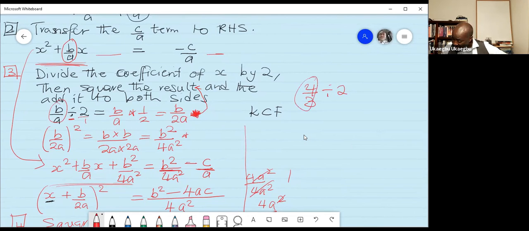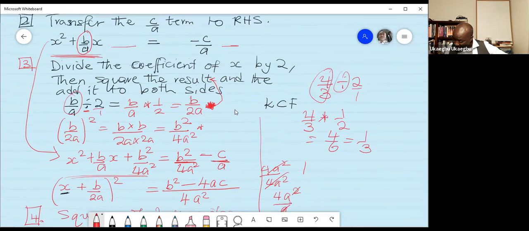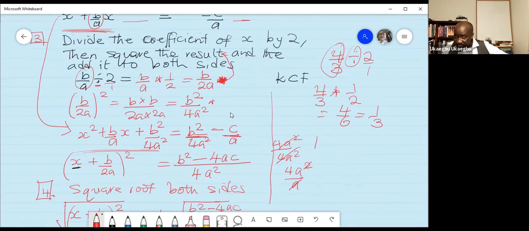You keep the 4 over 3, you change to multiplication, and you flip the 2 to 1 over 2, which gives you 4 over 6, which gives you 2 over 3. That's exactly what I did here. I use keep, change, flip, and I ended up getting b over 2a.